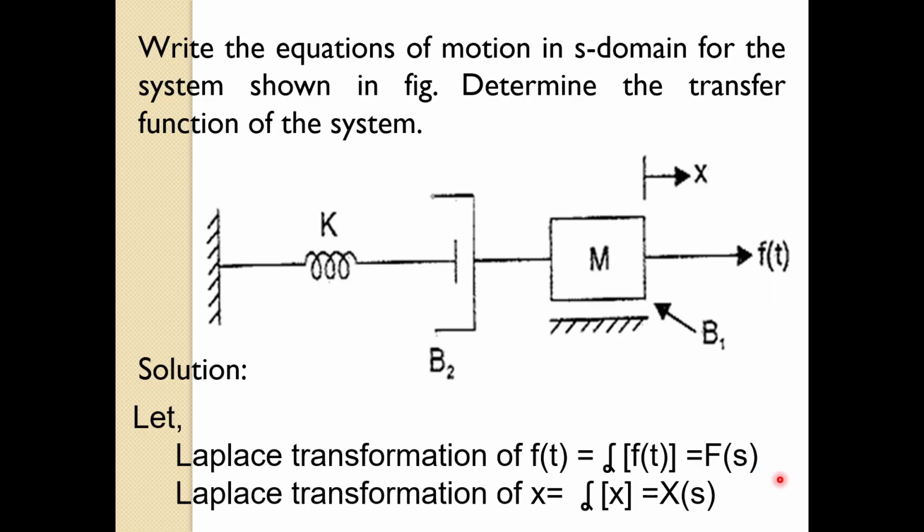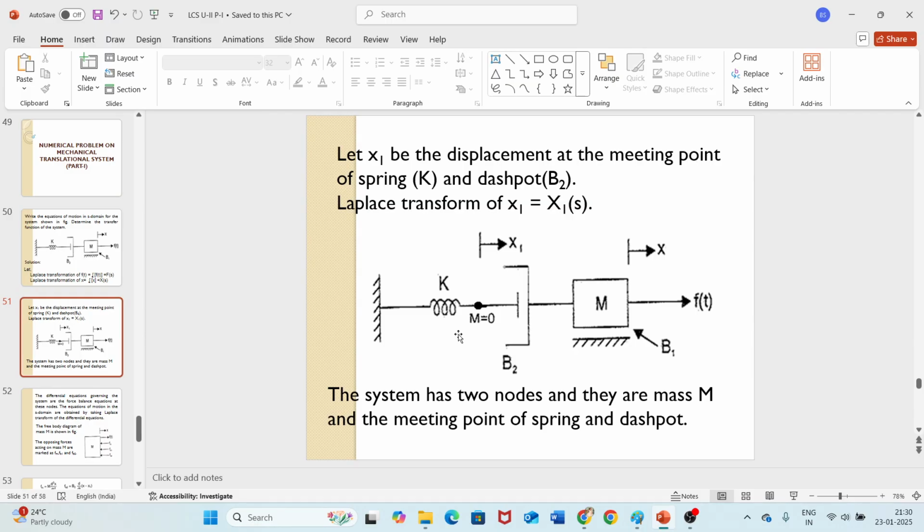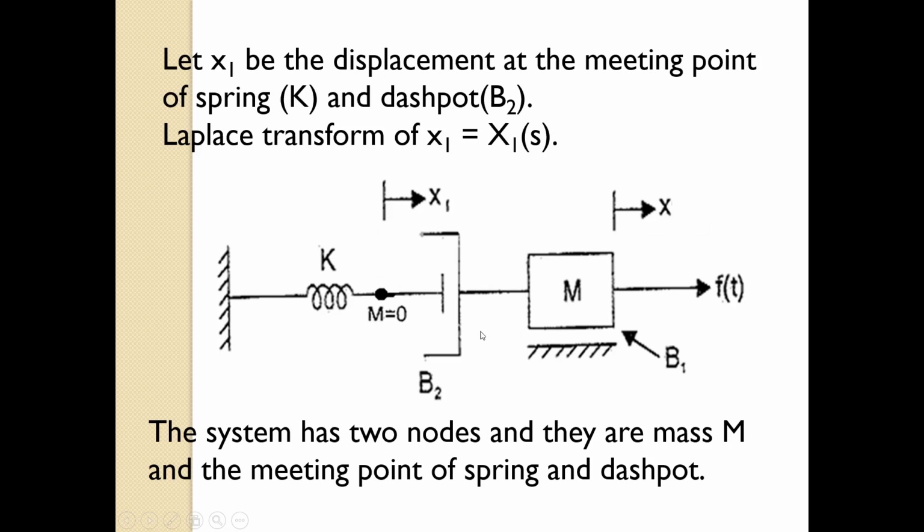As I have already told you, at the meeting point of K and B2 there is no mass, so we are assuming mass m equal to 0, and the displacement at this meeting point of K and B2, let us assume, is some x1. So we are just assuming m equal to 0, and assuming the displacement as x1.